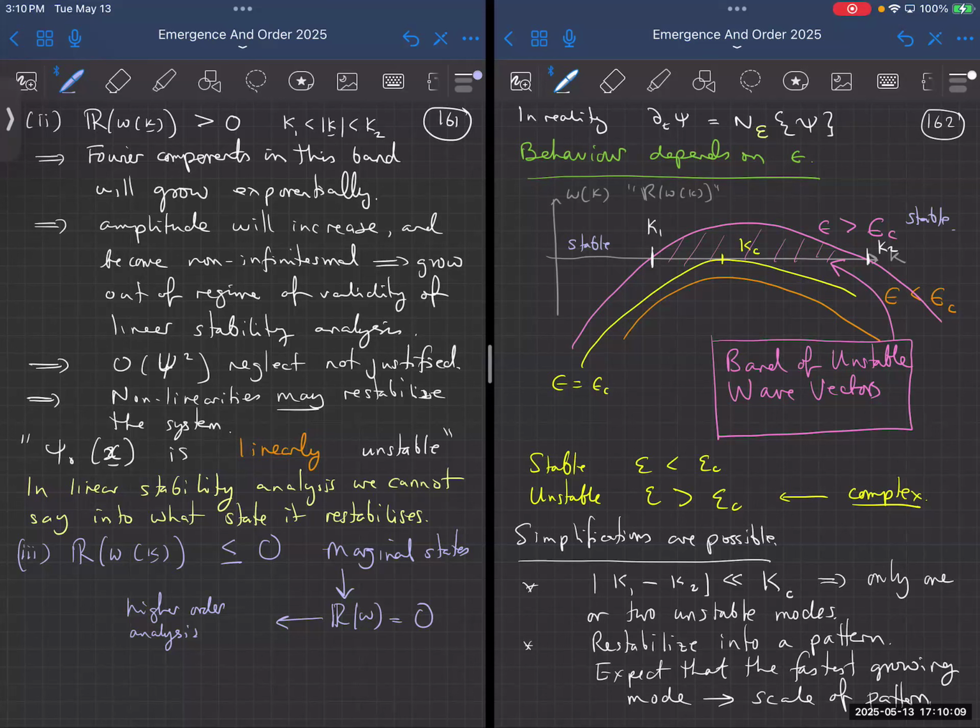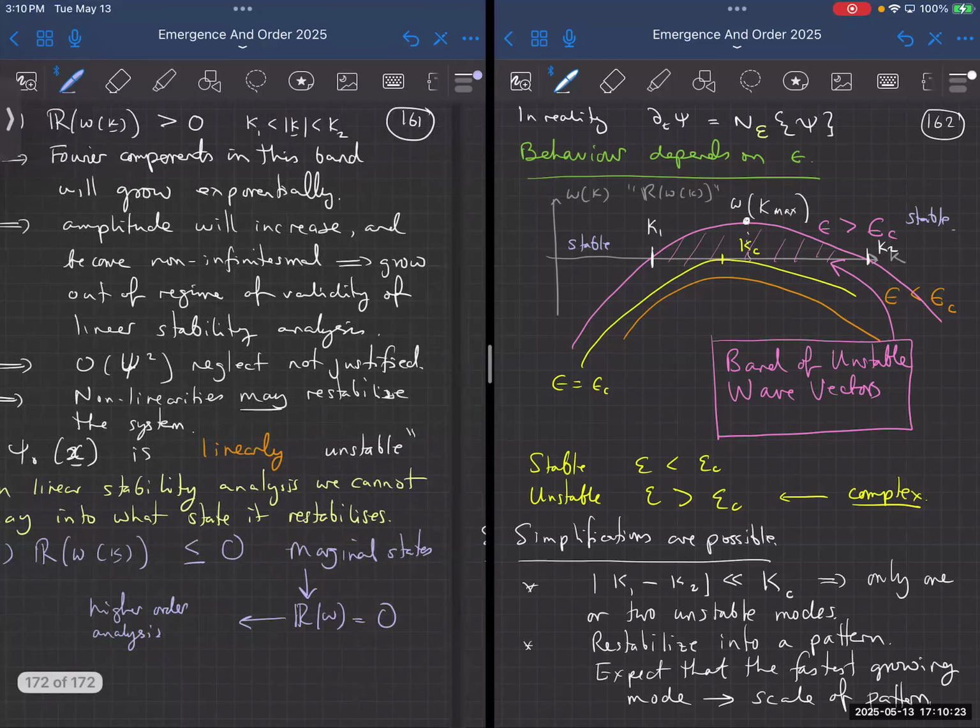So for example, here we have the fastest growing mode. That's the one I'm drawing over here. So that would be K max, and the fastest growing rate would be omega of K max.